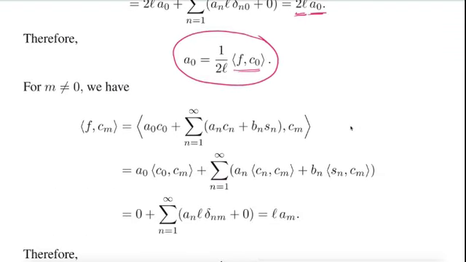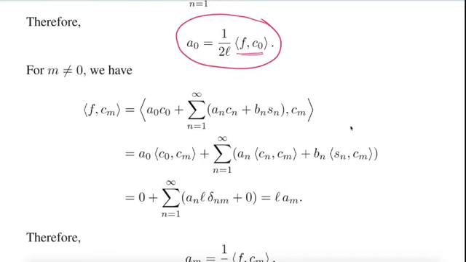How about the other a's and b's? Well, now we multiply f with cm, which is cosine m pi x divided by L. Again, I write f as a Fourier series and multiply this with cm. Linearity allows me to multiply the C0 with cm and this Cn here with cm and the Sn here with cm, and again, the brackets denote the inner product, which really is an integral, but I don't have to do the integral because we did it already.